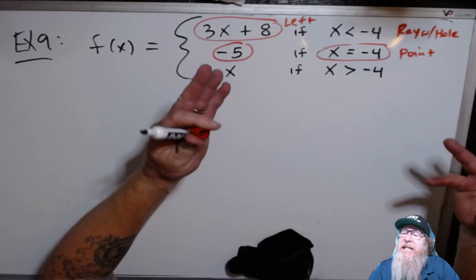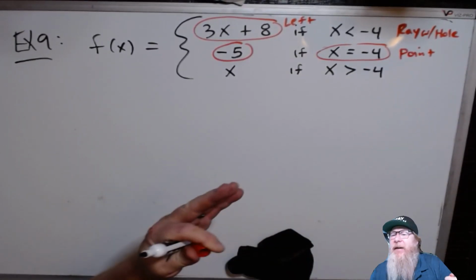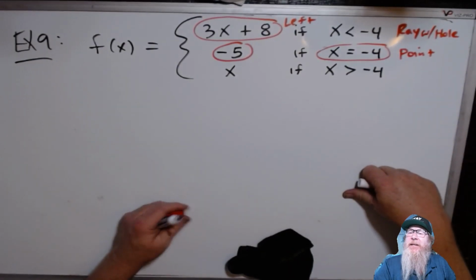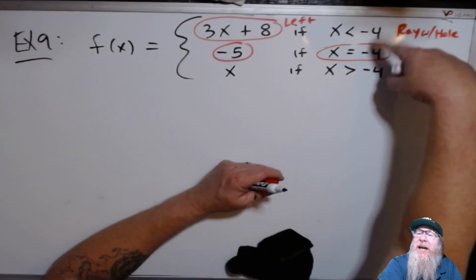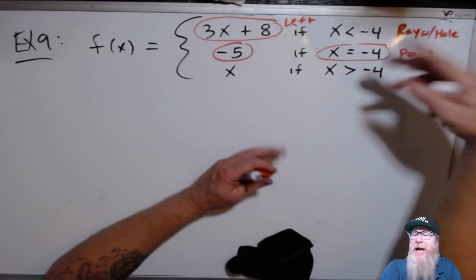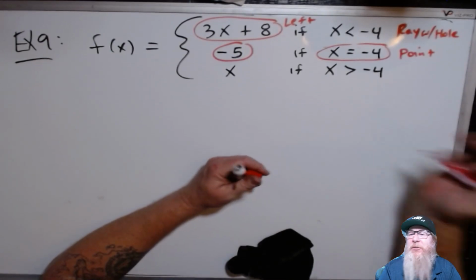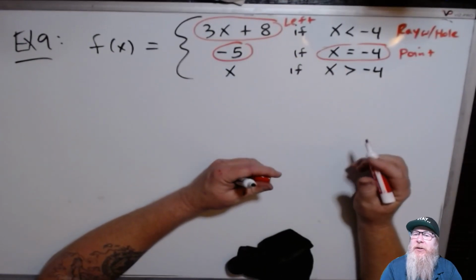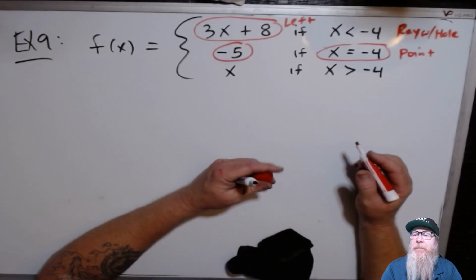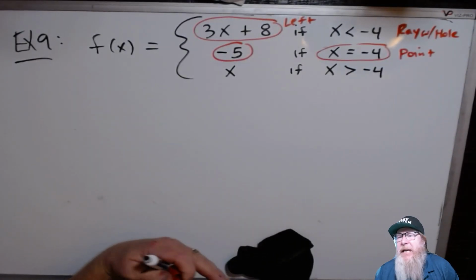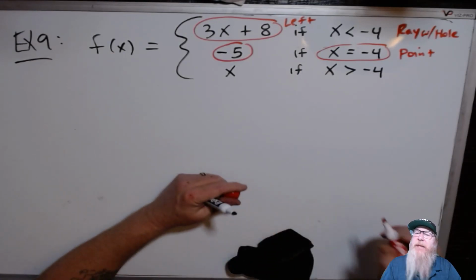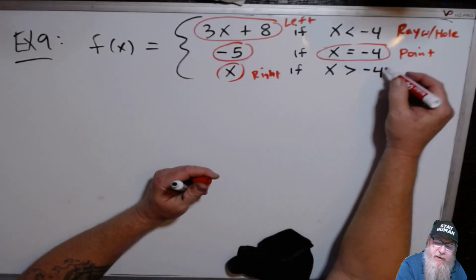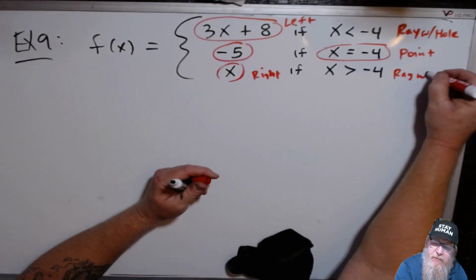It's predetermined, as opposed to a variable where it would depend on what x is. So when I create these problems, x will often change. You might not see -4 as your x. You could see -3, but it really wouldn't matter. That value is predetermined, of course, by me or by the random nature of the problem. And then on the right-hand side, I have another ray with a hole.